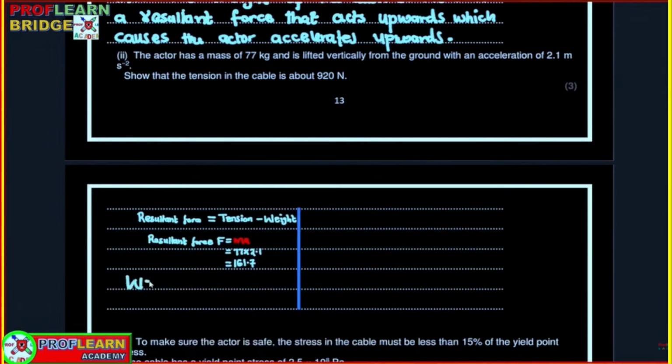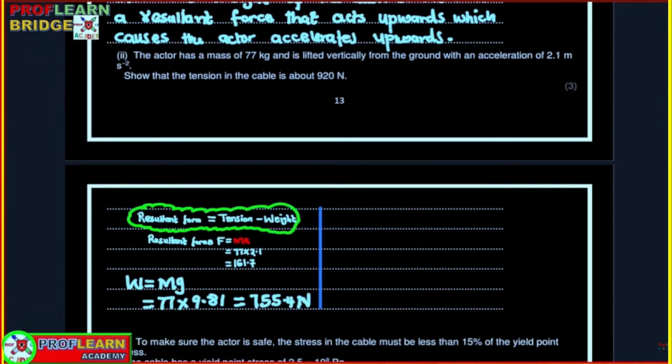Now we also need to use the formula weight equals mg, which means that we can work out the weight of this person, which is going to translate to 755.4 newtons. Then we can use this formula and rearrange it in order to find the tension force.